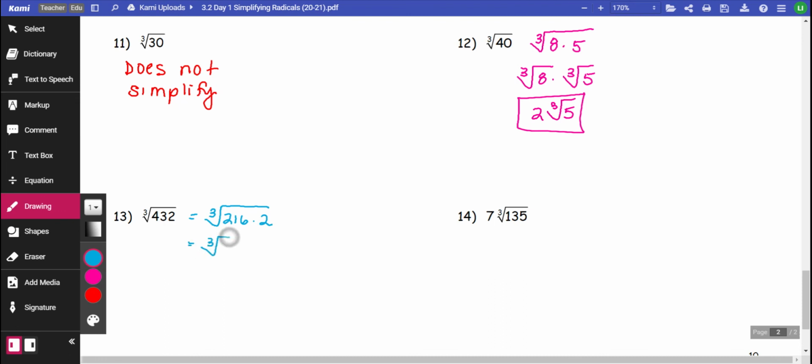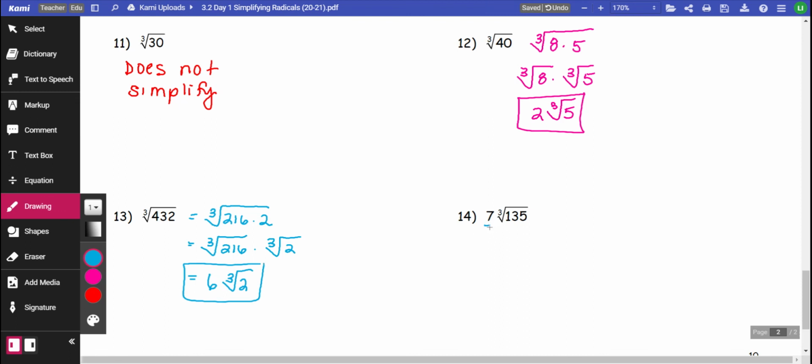So the cube root of 216 times the cube root of 2. Now again, I just figured out what it was dividing by. I took 432 and kept dividing by all of our perfect cubes to see which one divides evenly. So when I take the cube root of 216, I get 6, and I have a cube root of 2 left over.